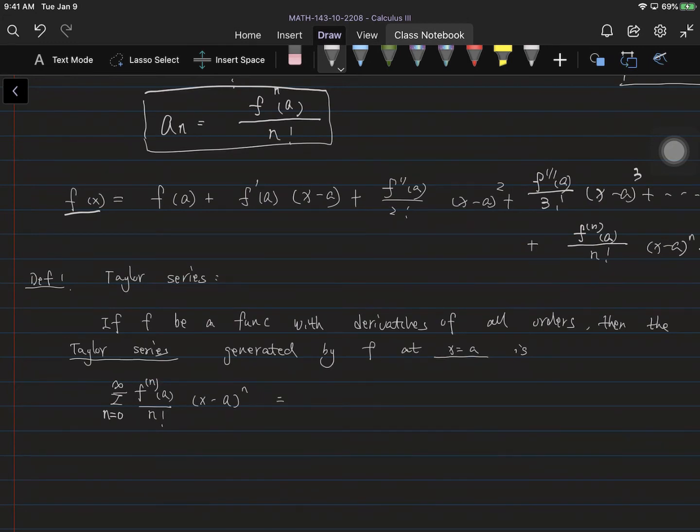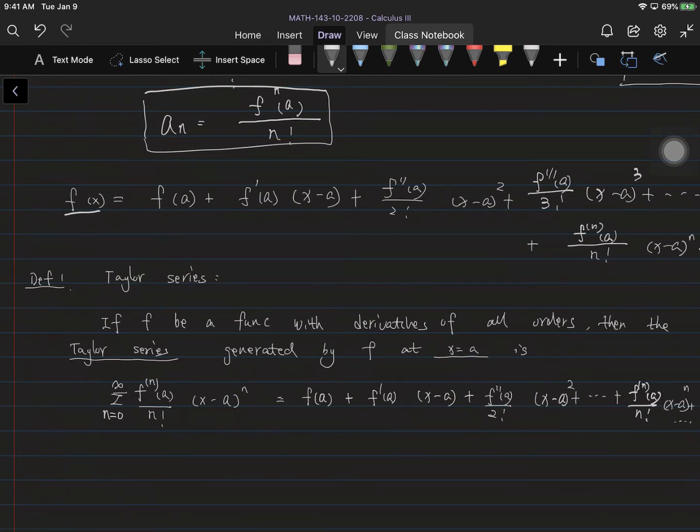If we write this out, it's like f(a) plus a_1 (x minus a). So all the coefficients we calculated before: f prime of a times (x minus a), f double prime over 2 factorial times (x minus a) squared, and the nth term, the nth derivative of f over n factorial times (x minus a) to the power n.